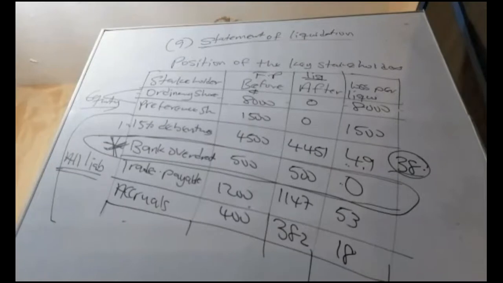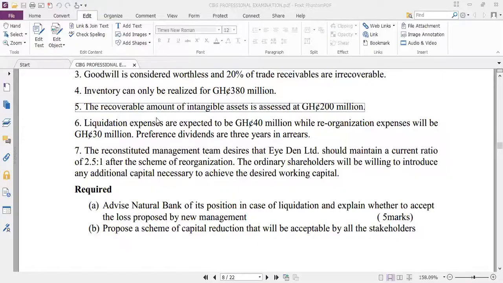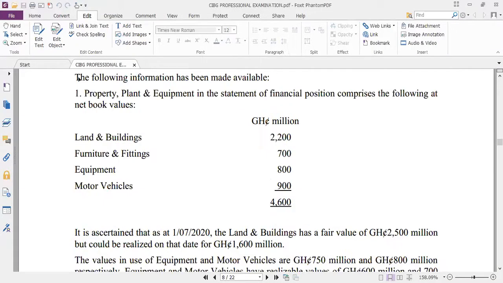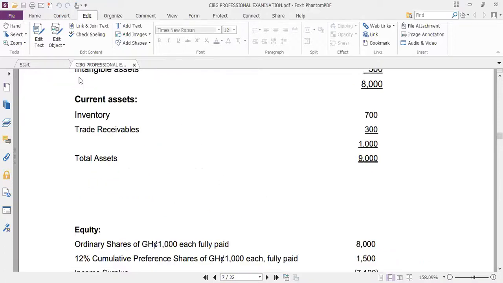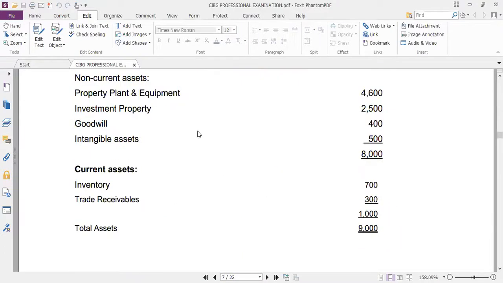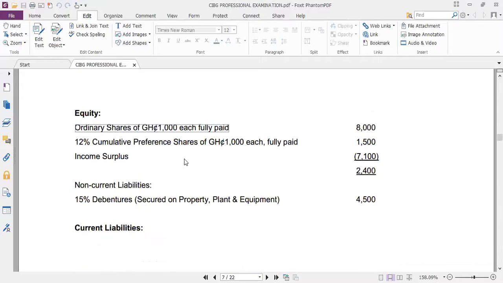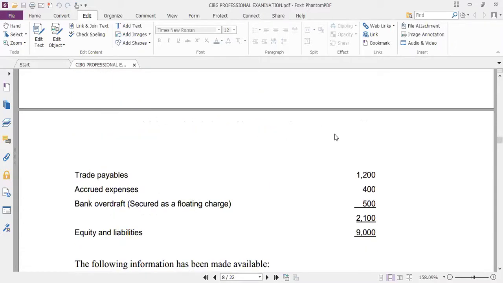Okay, so let me take it again from the question. The company has an overdraft of 500.